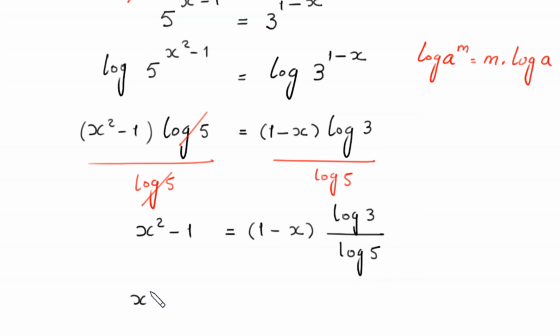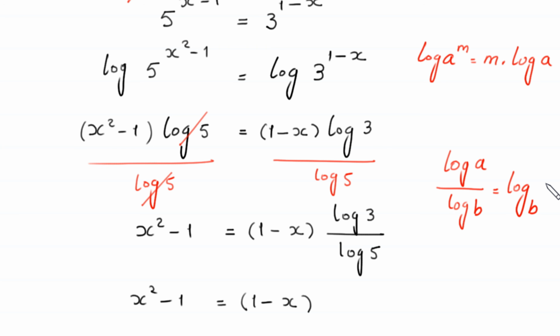Next, by using this log property, log of a divided by log of b is equal to log base b of a, this will become log base 5 of 3.